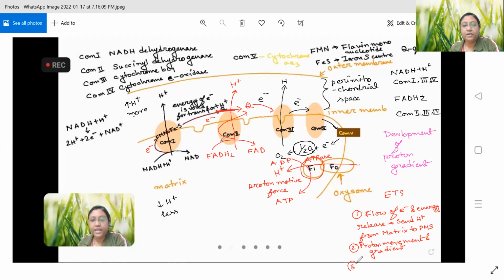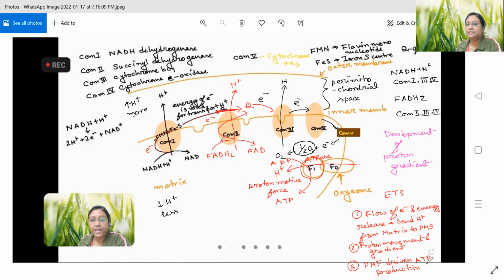Third very important thing that occurs is the proton motive force driven ATP production. Because ultimately the main aim of this terminal respiration is to produce the ATP. Okay, so this is all about the electron transport system.